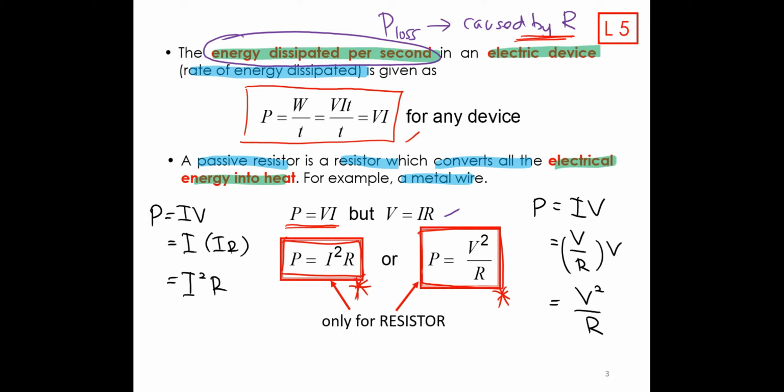That's why we mark here, this is only for the resistor, to find dissipation power.